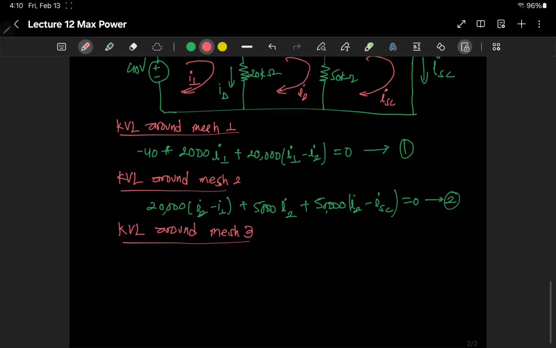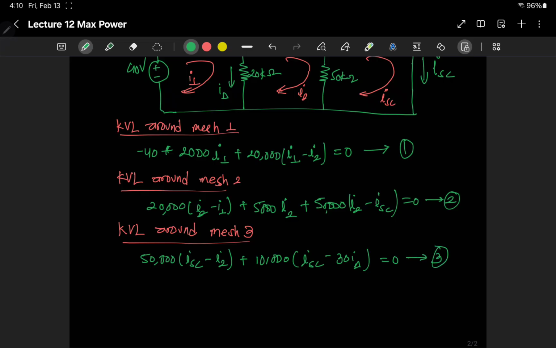That will give us 0, right? So we can write that as 50,000 times ISC minus I2, plus 10,000, that was the resistance in the upper loop, times ISC minus 30 I delta, is equal to 0. That is equation 3.